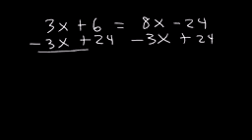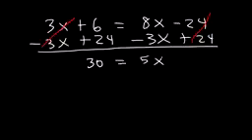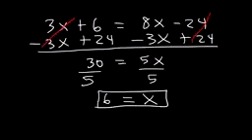Our goal is to get all the x variables on one side and all the numbers without x on the other side. So notice how the 3x and negative 3x will cancel, and negative 24 plus 24 is 0. So now we have 6 plus 24, which is 30, and 8x minus 3x, which is 5x. Now to separate 5 from x, we need to divide both sides by 5. 30 divided by 5 is 6. So that's the answer.